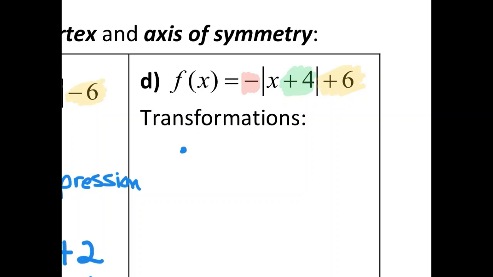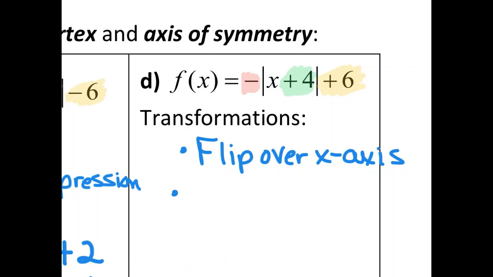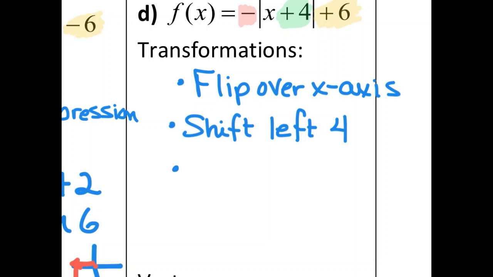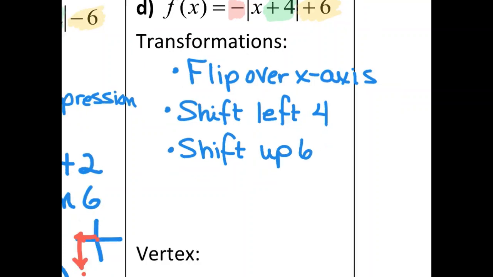So the minus at the beginning is your flip over the x-axis. The +4 on the inside is your shift. Remember that insiders lie. And so this is going to be a shift to the left 4. And then the +6 on the outside, outsiders don't lie. And so this is going to be a shift up 6.